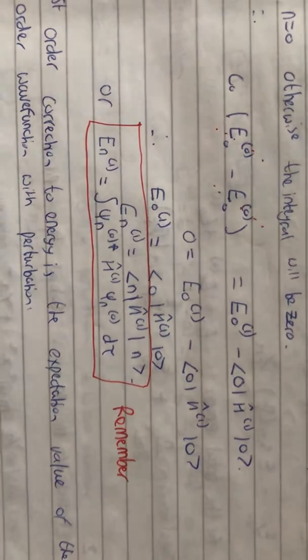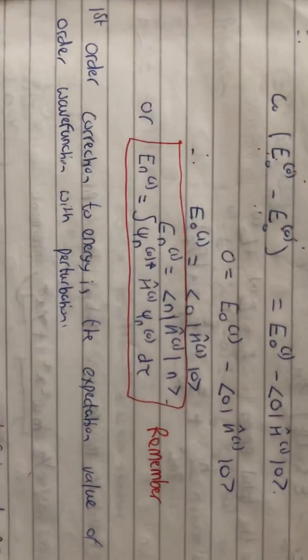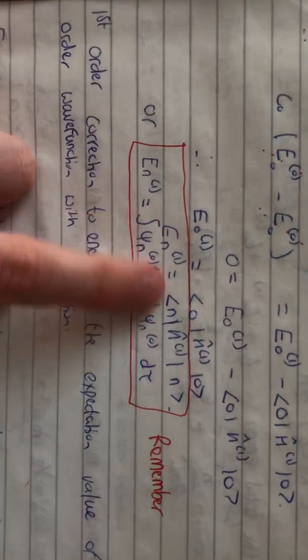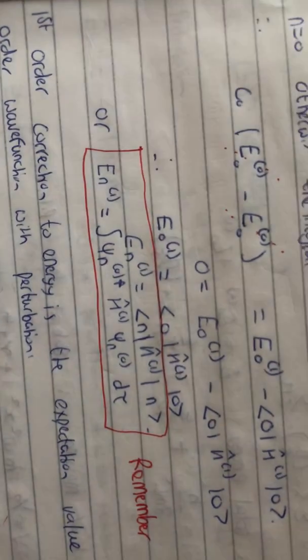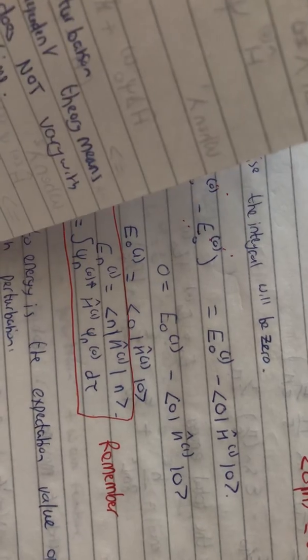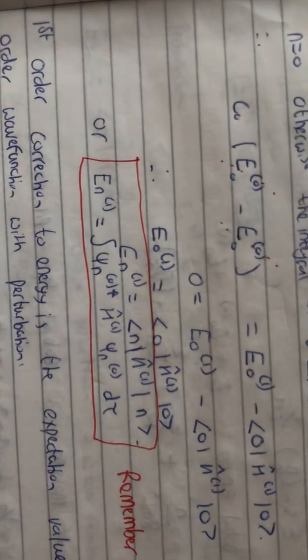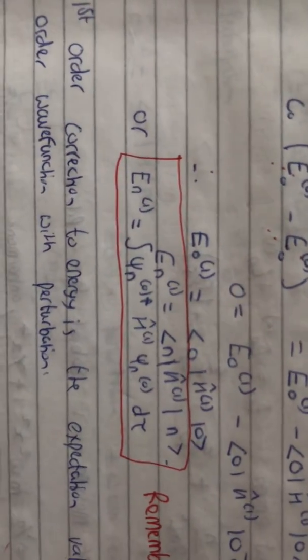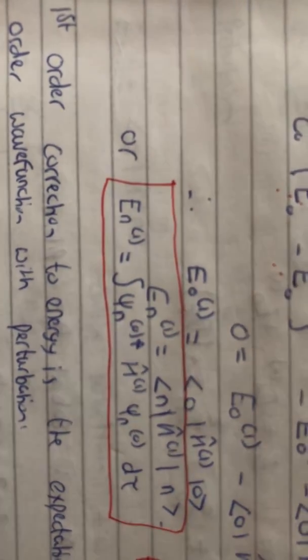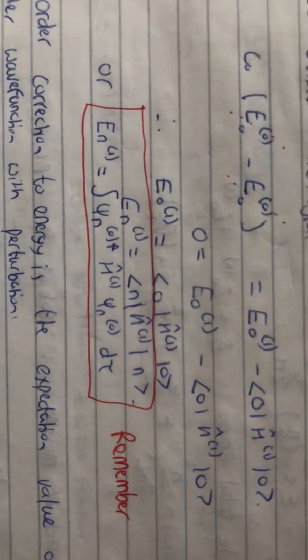Remember, this is the term we want to solve, so we know that En to the first order, the correction to any eigenstate, is equal to this here, essentially. So you can look at the bracket notation or otherwise.